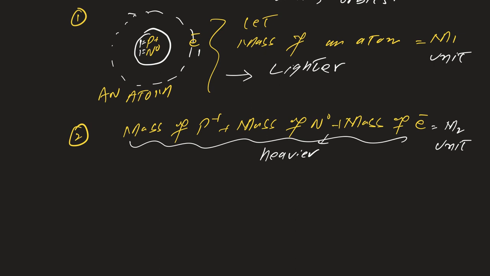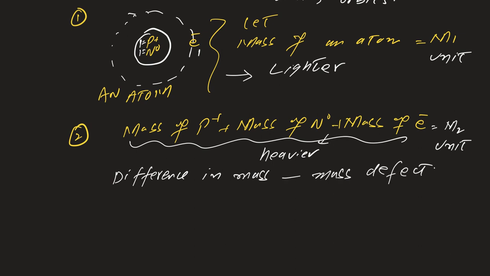Mass difference means there is a difference in mass, and this difference in mass is known as mass defect. It means if a proton, neutron and electron exist independently and you combine the collective mass of all these particles, it appears to be heavy. It is heavy as compared to when they form a nucleus.